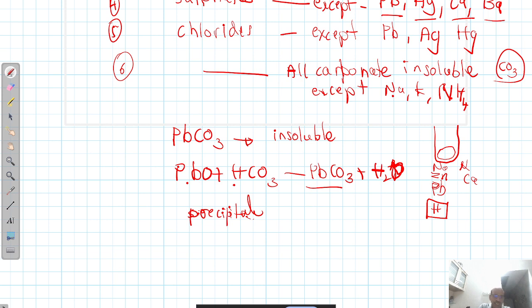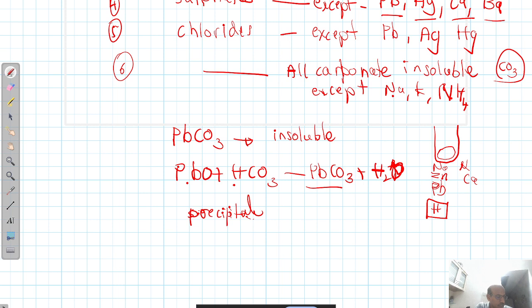Displacement, precipitation. Okay. If you go to page number 50 in your textbook, I will tell you, Yashaswini, for you also. There it is precipitation by double decomposition, but it doesn't give this particular one. Pb(NO3)2 he gives. Yes, sir. That's why I got confused. It is not written here.